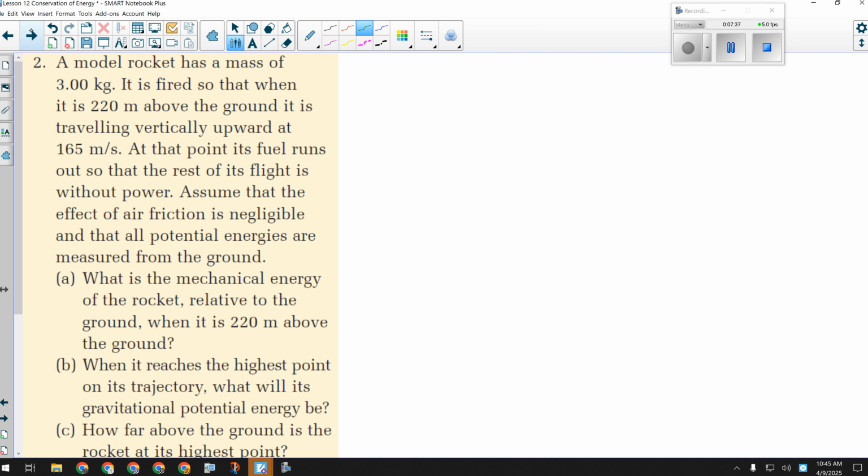So from that point, where it's 220 meters above the ground and moving at 165 meters per second, calculate the mechanical energy of the rocket for part A. When it reaches the highest point, what will its gravitational potential energy be? And how far above the ground is the rocket at its highest point? There may be a lot less math involved in this than you think.